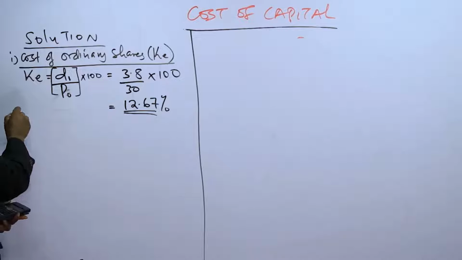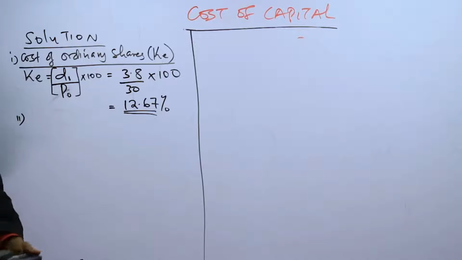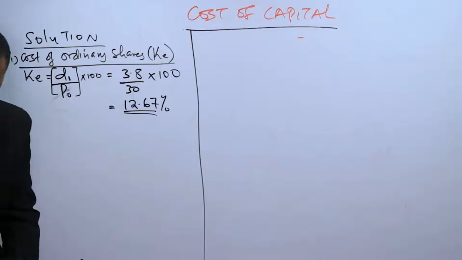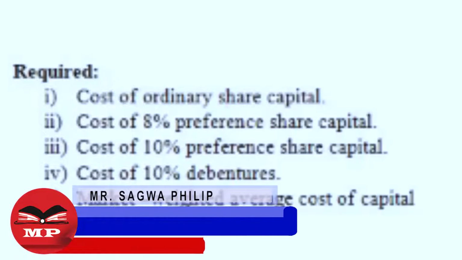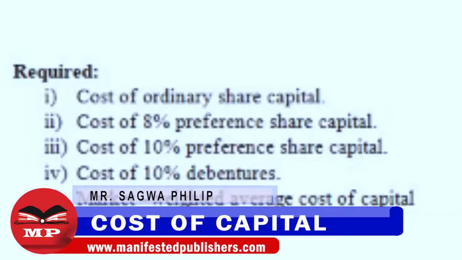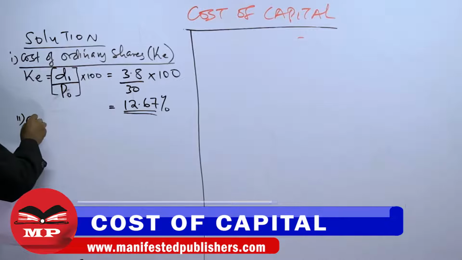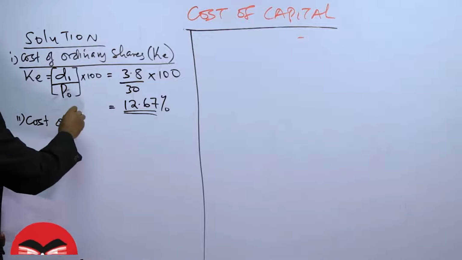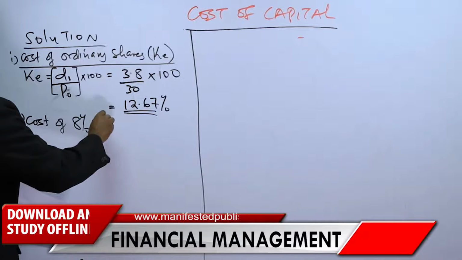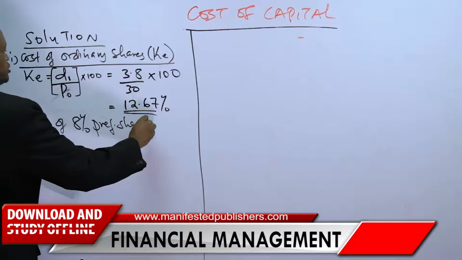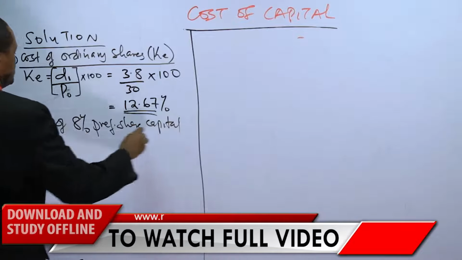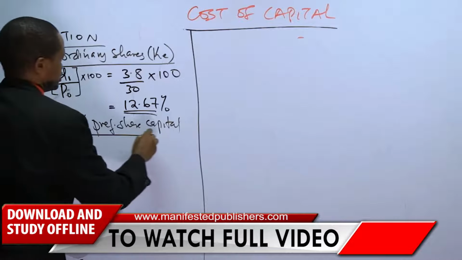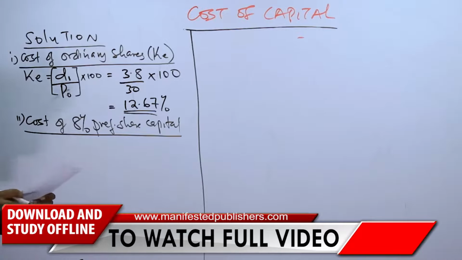Then part 2, what is the requirement? We are required to calculate the cost of 8% preference share capital, preferred stock. We have two categories, the 8% preferred stock and the 10% preferred stock.